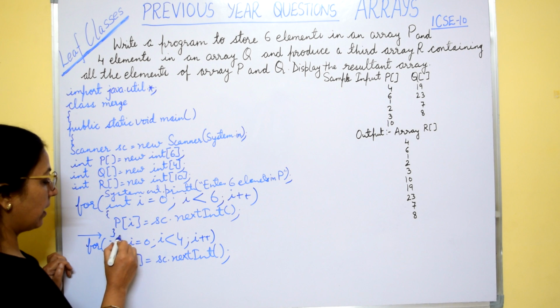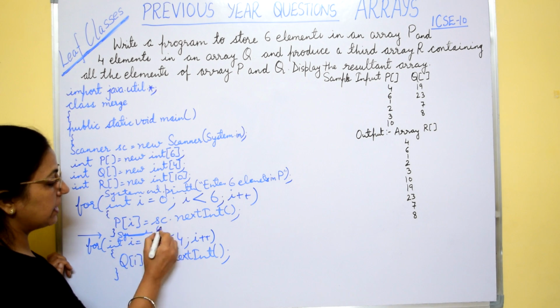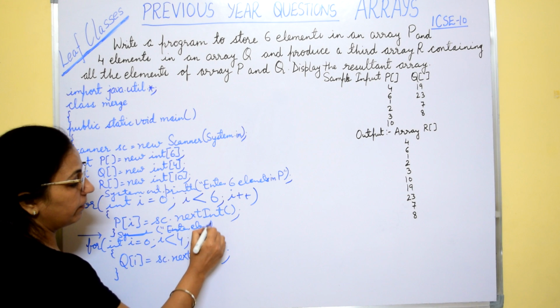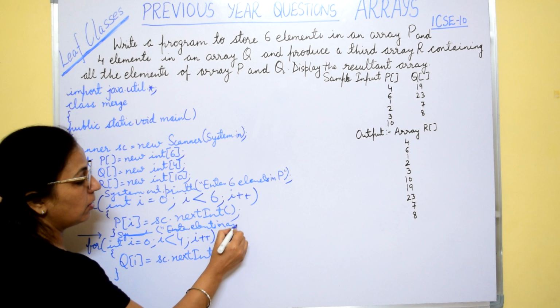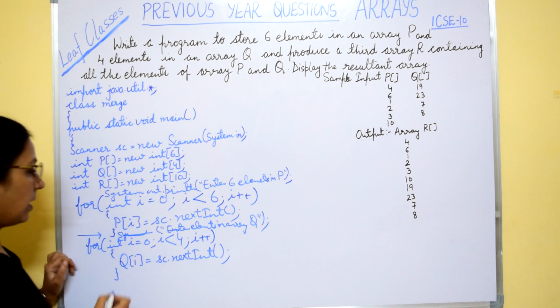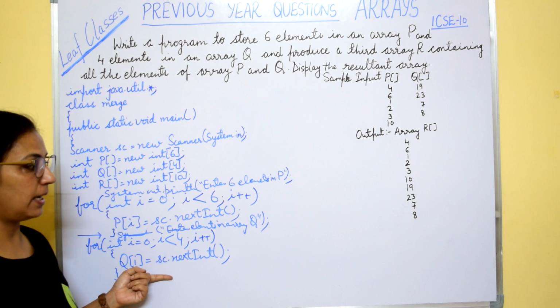Here again you can give a print statement, System.out.println, enter elements in array Q, right? So now we have entered the elements in array P and array Q.